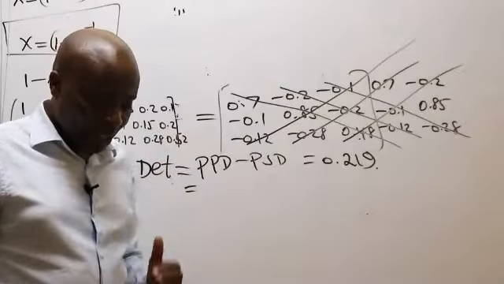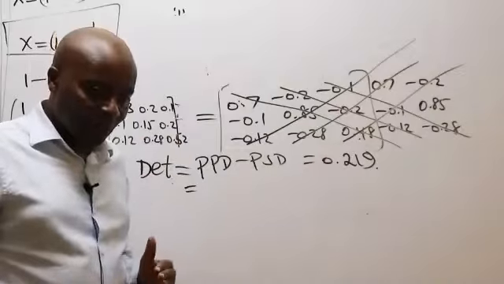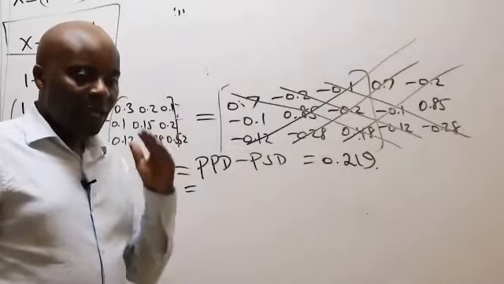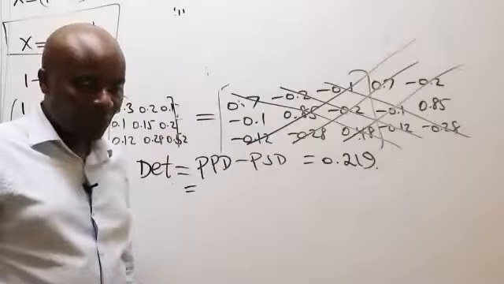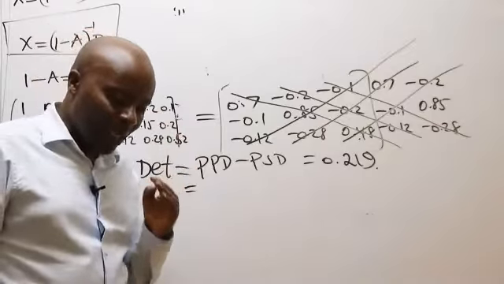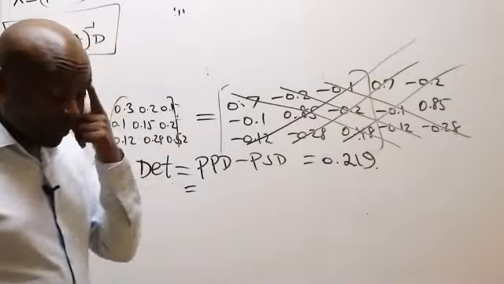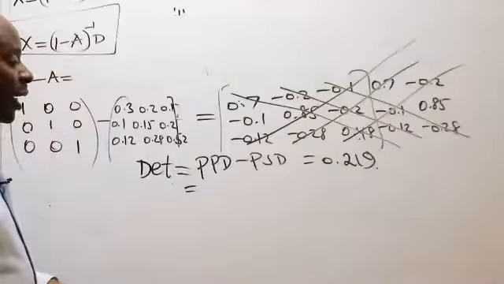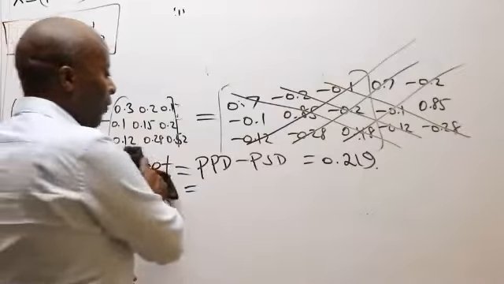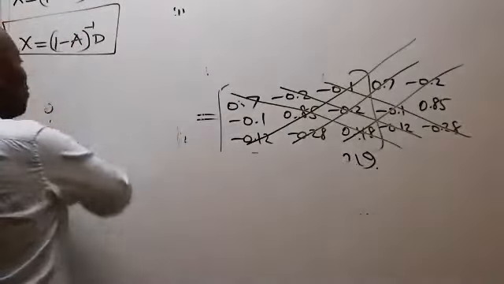I'm repeating again the basic steps of ascertaining the inverse of a 3 by 3 matrix. Number 1, give us the determinant. Number 2, give us the minor elements. Number 3, give us the cofactors. Number 4, give us the inverse definition. So, ladies and gentlemen, remember, which matrix do you want to inverse?